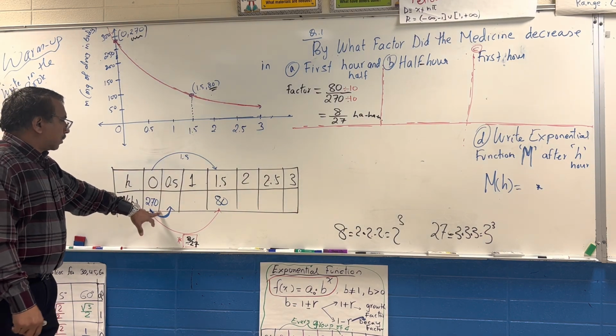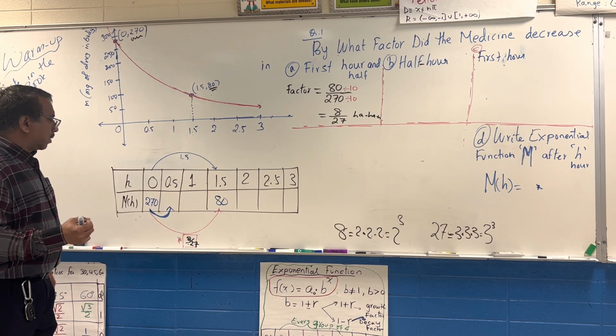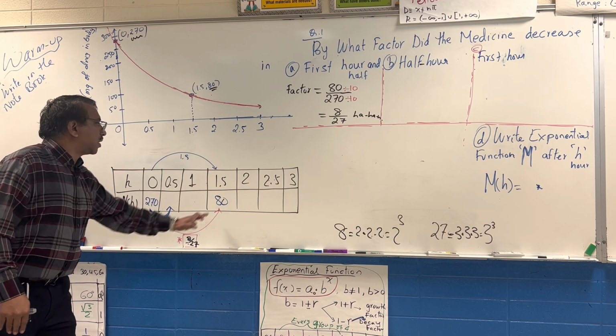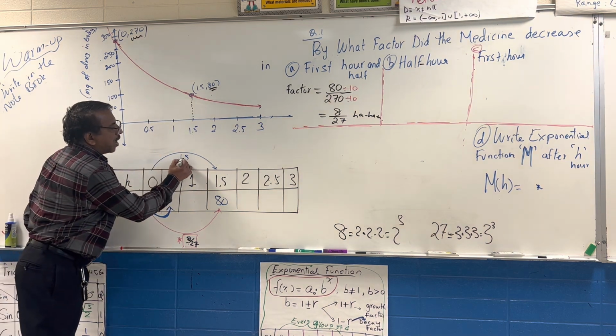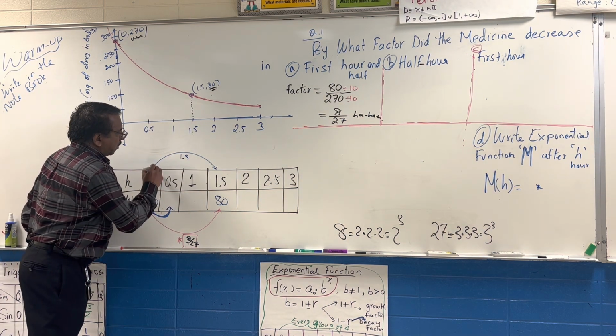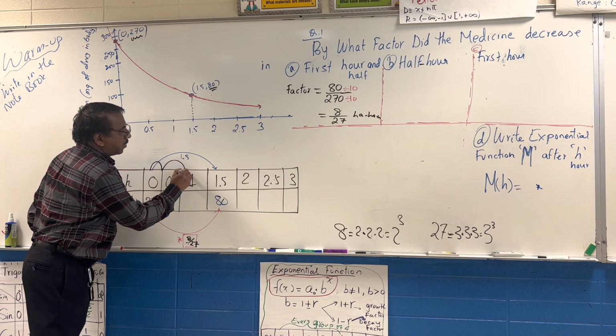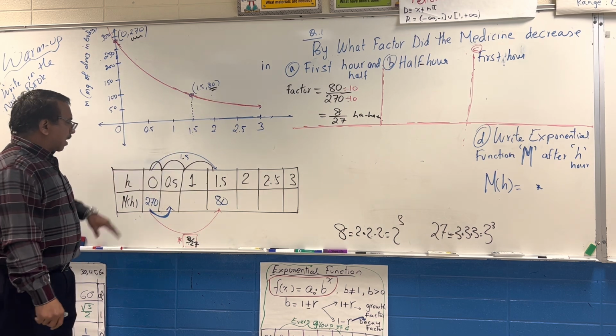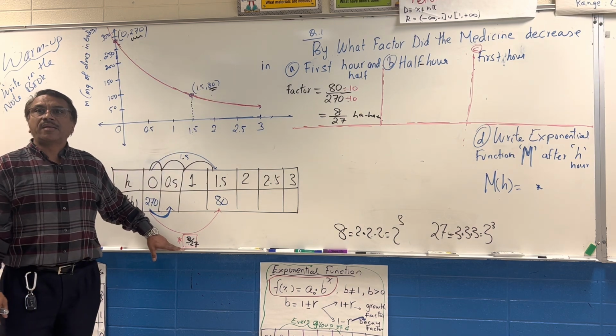I'm going to give you a few seconds to think. From here to here, when there is a jump of 1.5, you're going 1, 2, and 3. So when there is a jump of 3, it's 8 over 27, right?